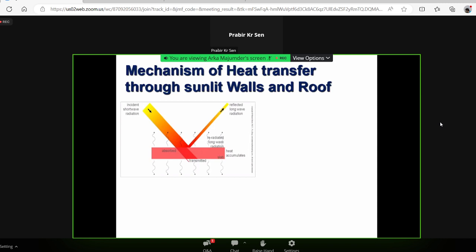Some part is reflected. Then the wall gets heated up. From the outside surface to the inside surface, heat flows by conduction, and the whole thing gets heated up, then it starts radiating.